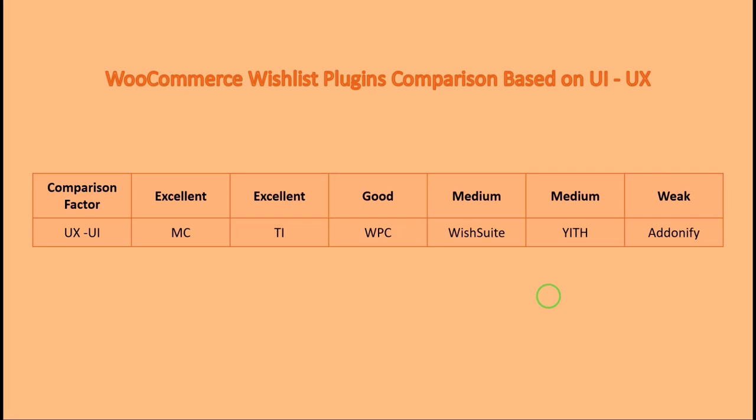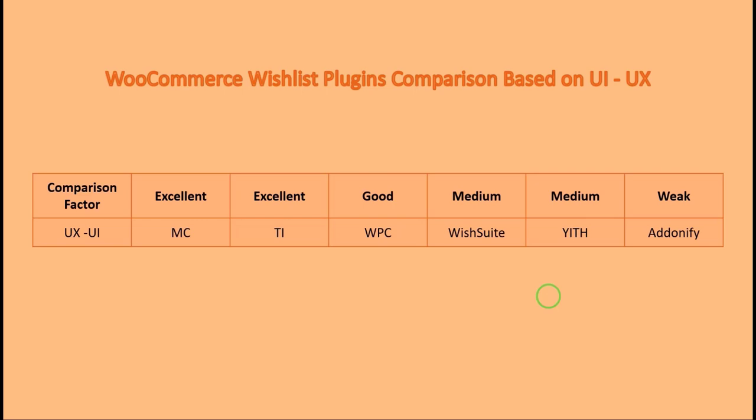And we have 2 medium options that we can choose on our website, Wishsuite and YITH. The total display, the admin panel and the interface of the settings may not be very attractive, and they just try to explain which option does what and nothing more.